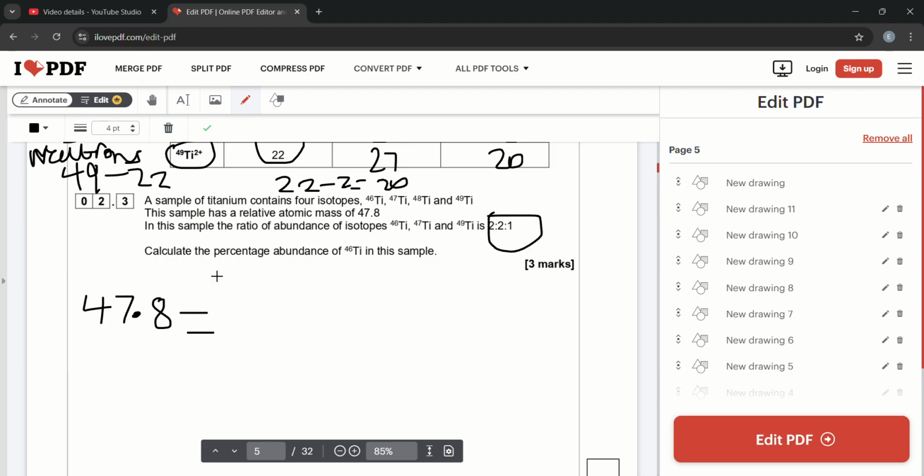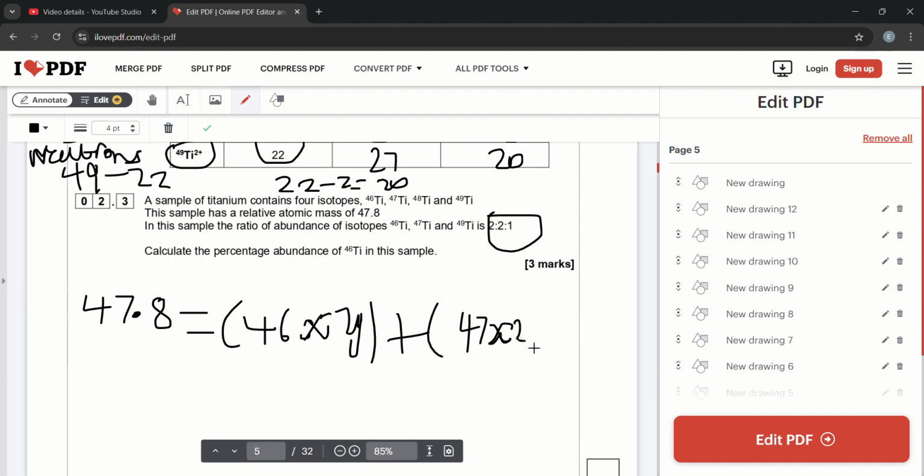So we can just say that 47.8 equals 46 times by, let's not use 2x because you might get confused, say 2y, plus 47 times by 2y, plus 49.